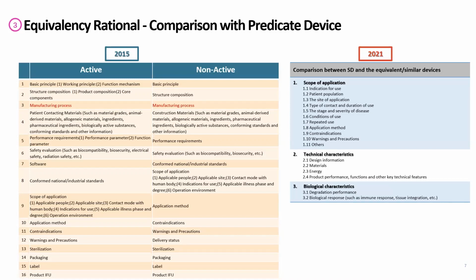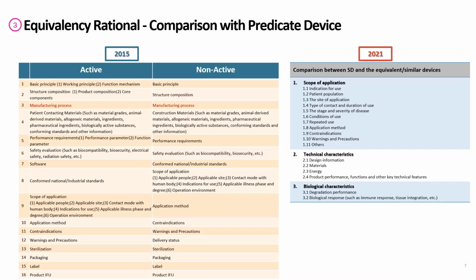Previously, for either active or non-active devices, we needed to compare 16 items to know whether they are similar. But now in this new guidance, it mentioned that we need to compare 3 aspects. One is scope of application. The second is technical characteristics. And the third is biological characteristics.